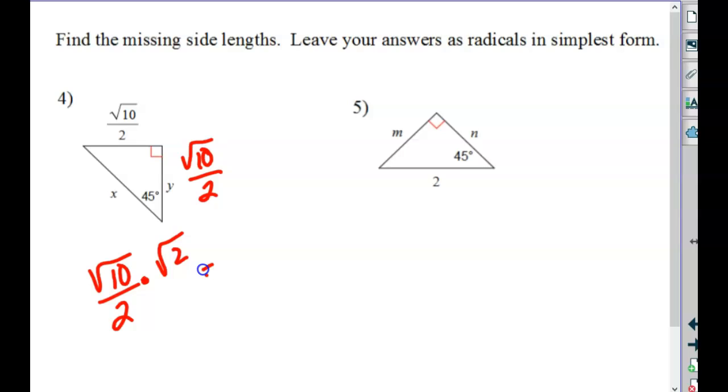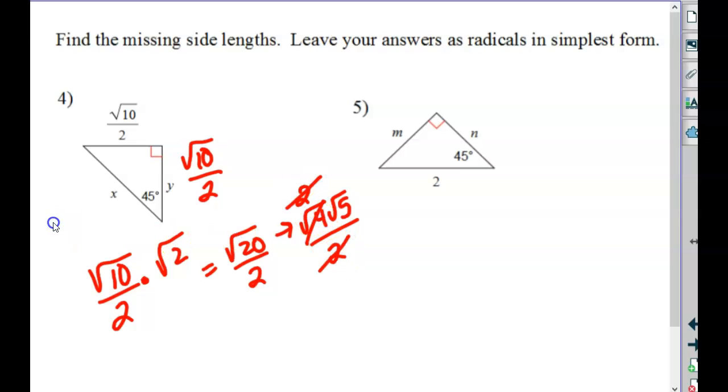What do we get on top? Square root of 20 divided by 2. Can I take 2 into 20? No, because one's in the radical and one's not. But what is the square root of 20? 4 times 5. What's the square root of 4? And now can I divide that 2 out of there? So we end up with just square root of 5.